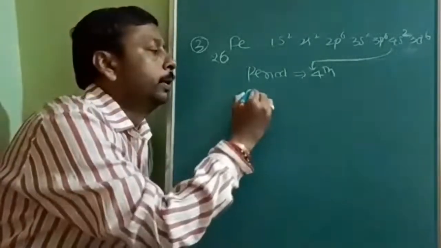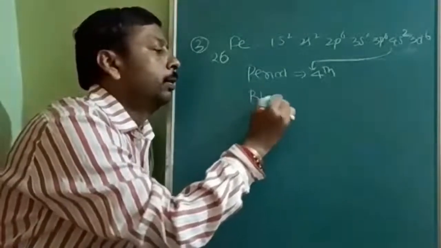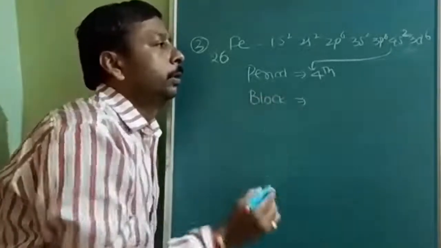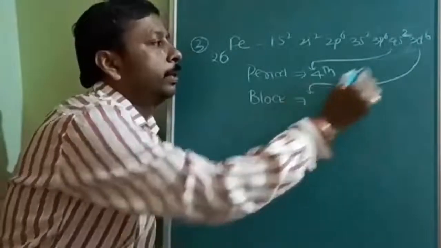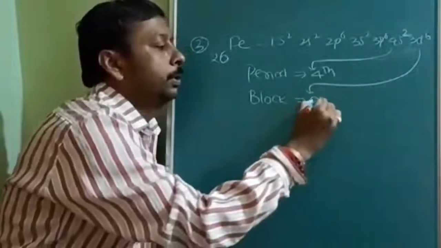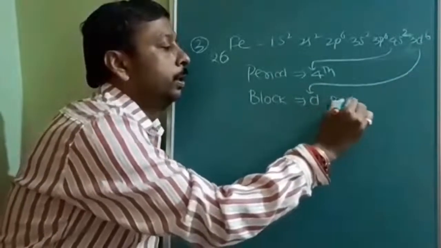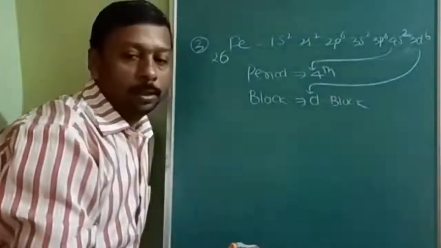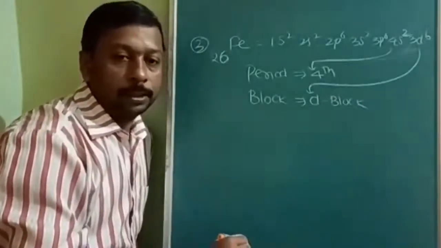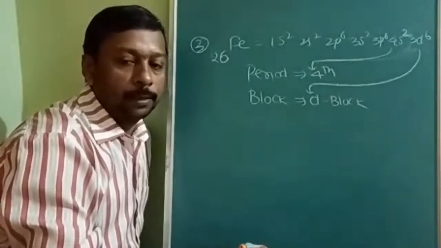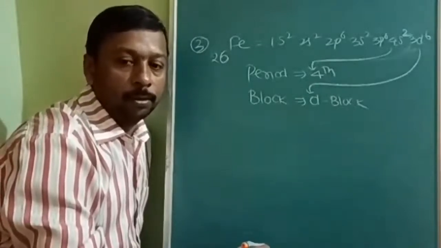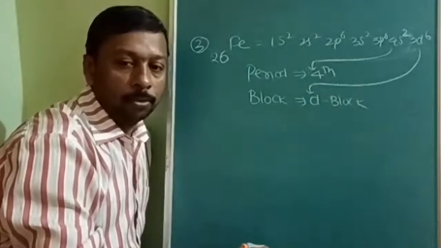Okay, period. Then next you have to find the block. For block, it is the lastly filled subshell. Lastly, we are filling the D subshell. Therefore, it is D block. Is it understood to all of you? Then after period and block, you have to find the group number.